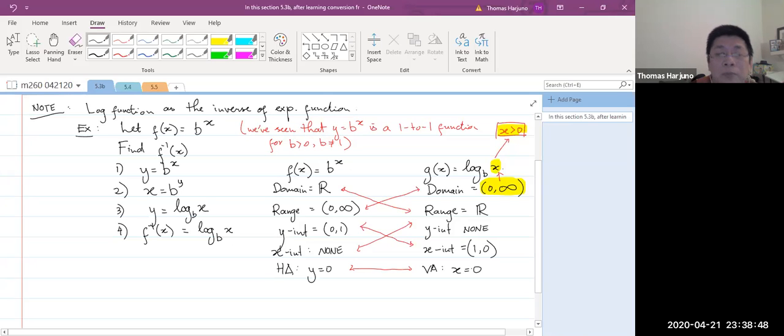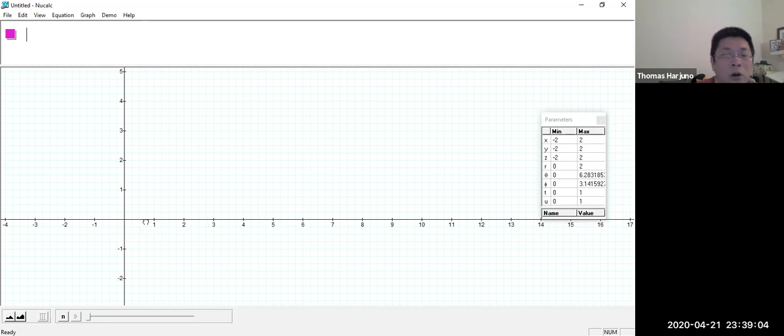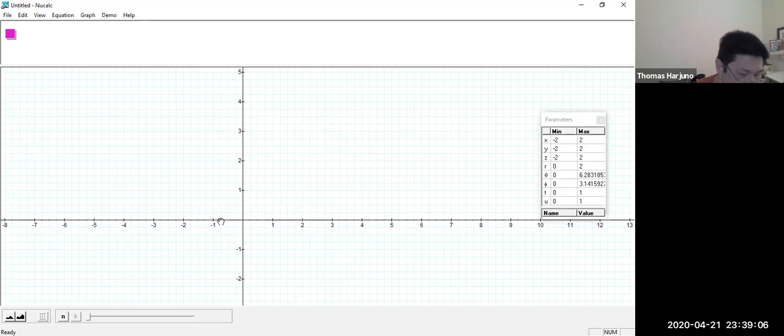Basically, we will end up having the reflection of the graph of the exponential function with respect to the line x equals y. Let's take a look at this graphing board.